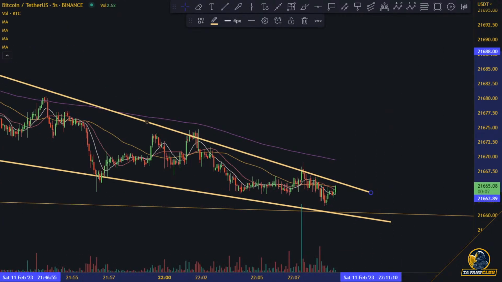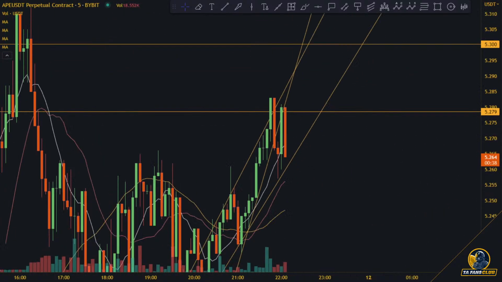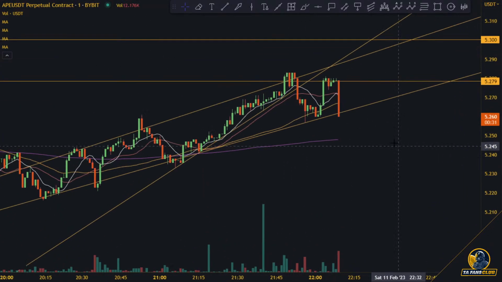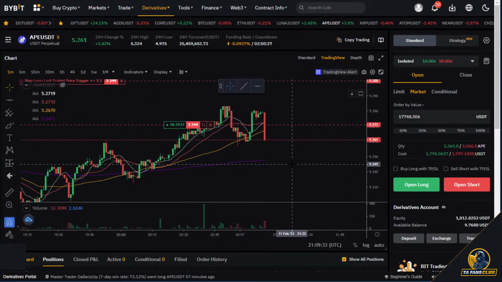Look at the ugly candles. And right back down again. Bearish engulfing candle, 5-minute time frame, 35 seconds left. Very nice. Below the support level. We good, guys. We good. So far, so good.